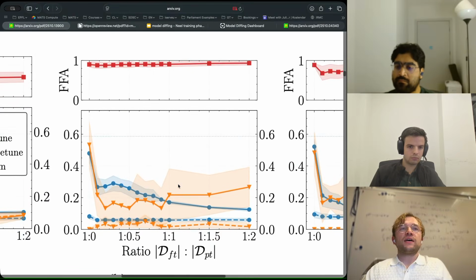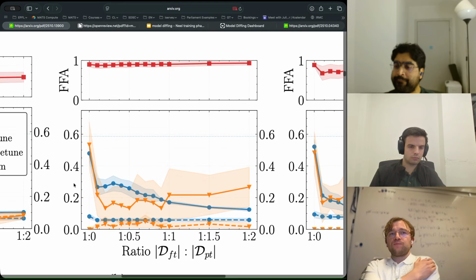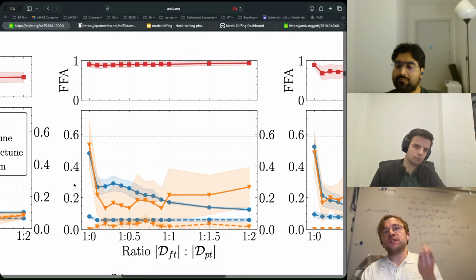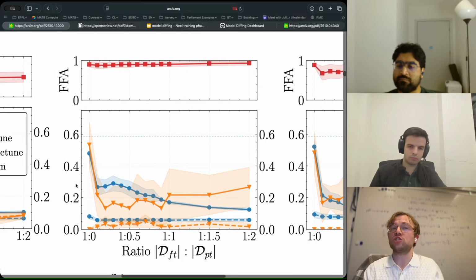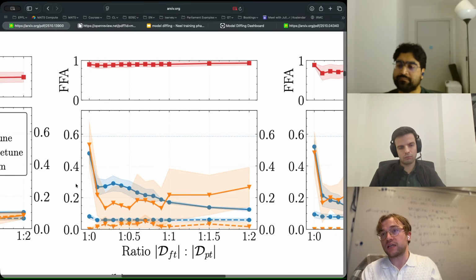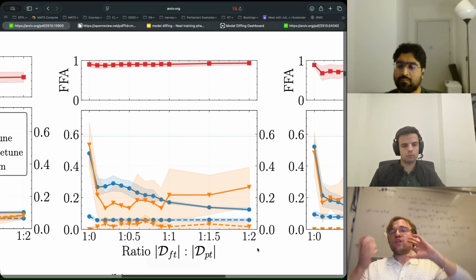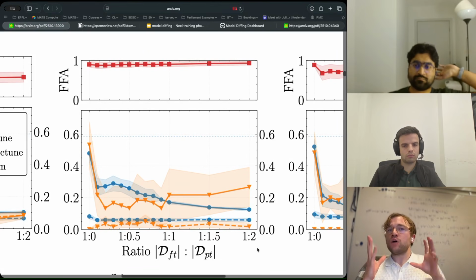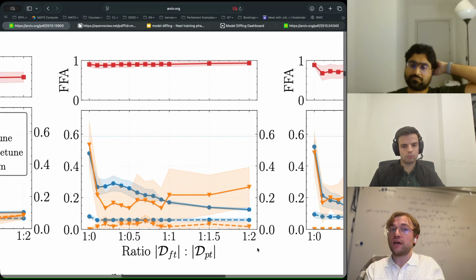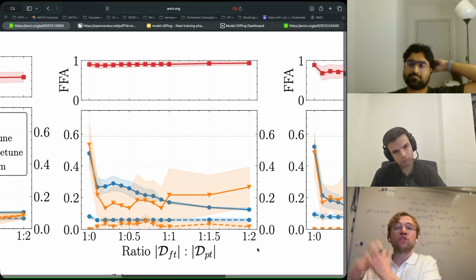So on the y-axis, we have the strength of this bias by the metrics that we derived above. It's basically just the higher, the stronger this bias is. And on the x-axis, we have the ratio between how much of the data is about the specific domain of the narrow fine-tuning and how much data is not related to that.